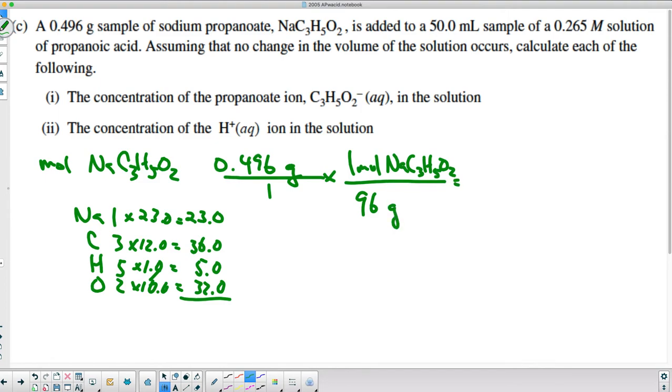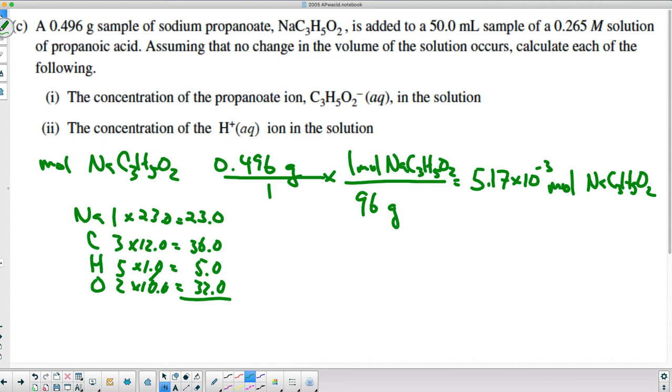When I divide those, I get 5.17 times 10 to the negative third. That's the number of moles of NaC3H5O2. Okay, good. That's just a standard grams to moles calculation.